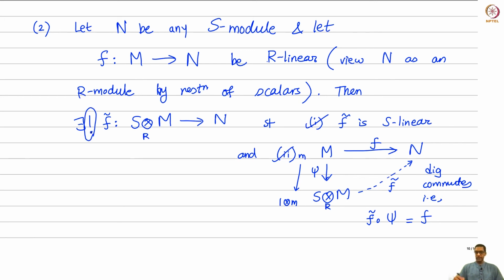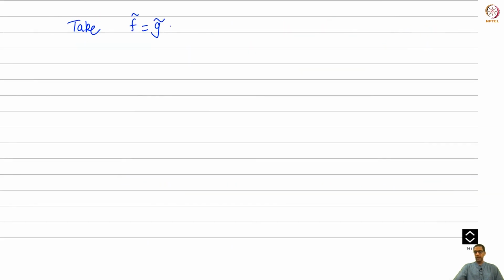Okay, but I'm just going to leave that as an exercise. It's the same sort of thing that we have done before when we proved the various universal properties. The image of psi, all elements of this form, they generate this as an S module. So that's the last thing that's left. It's again analogous to this.